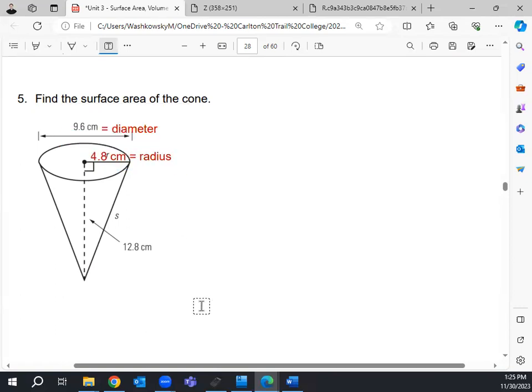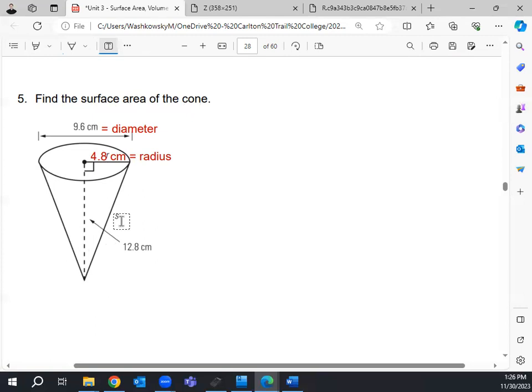So now I know what the radius is. All I did was chop that 9.6 in half.